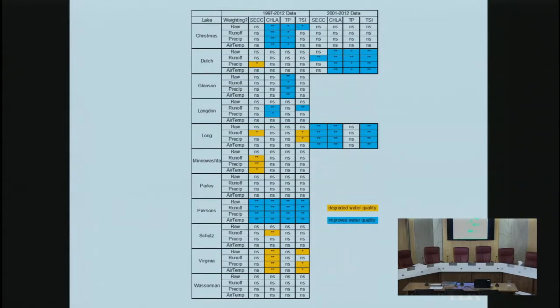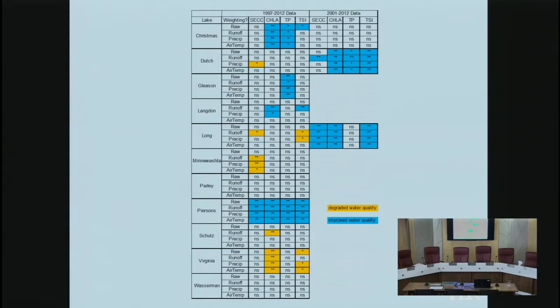Langdon was improving. Again, I have a couple columns here. There are some lakes, some years where you have such a huge outlier that it just wrecks the data analysis. So adjusting some points showed that Long Lake had some improvement. Minnetonka, showing a decrease in water quality with respect to transparency, but that didn't really show up in the chlorophyll or phosphorus data.